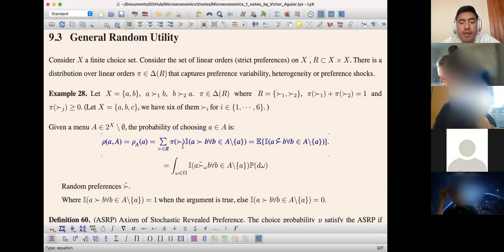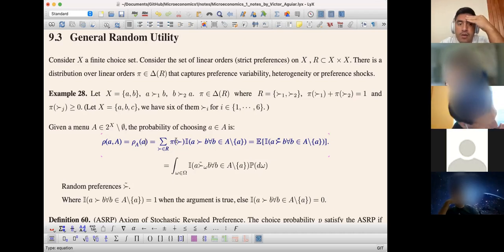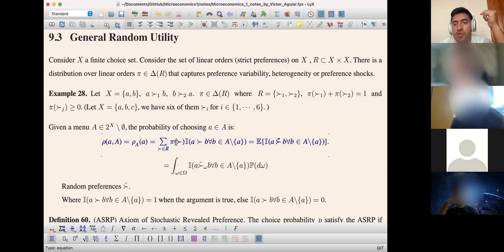Here, yet again, in this notation that I created for this section, this is essentially the expectation, which is the summation over each ranking, with the mass of each ranking, the probability of the ranking, times the indicator of the event that A is strictly better than B, for all B in the menu capital A, removing the item A.